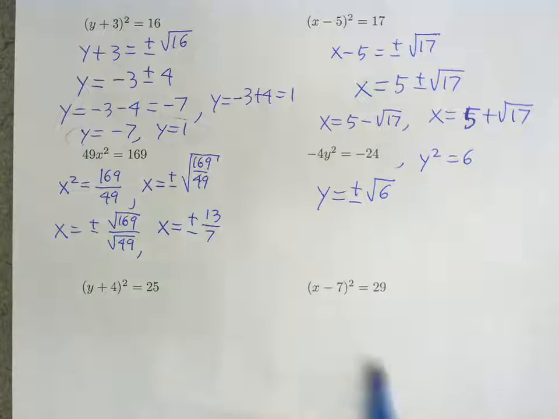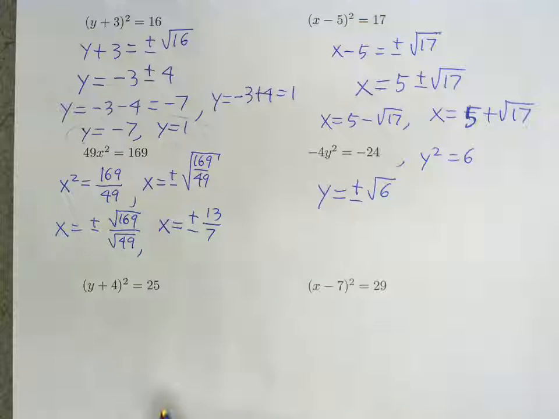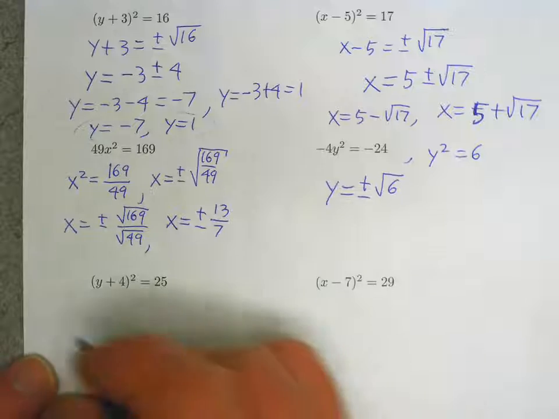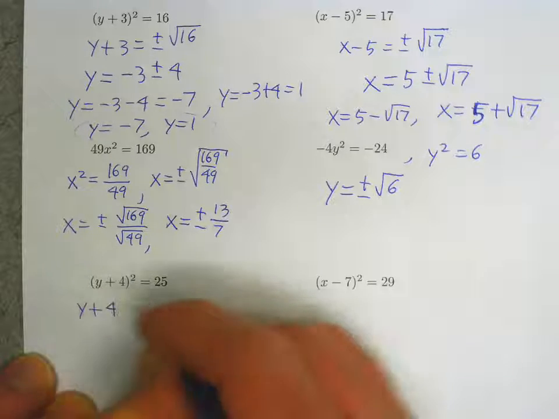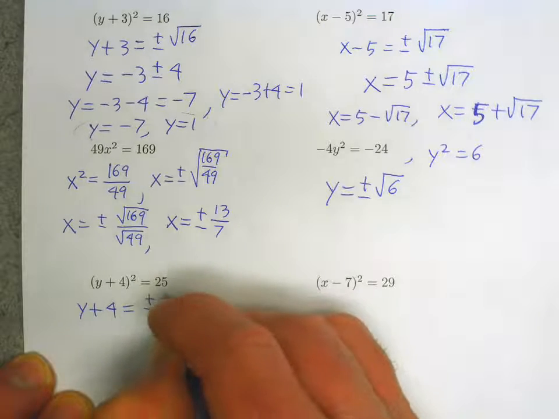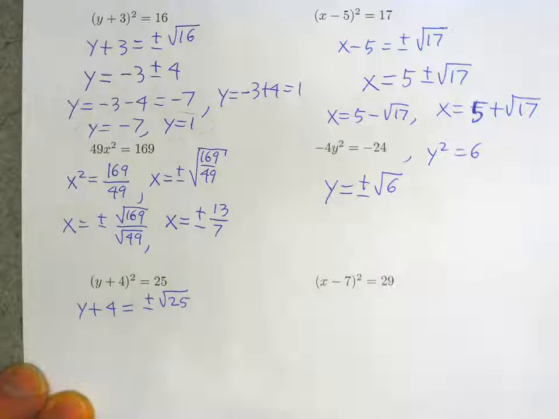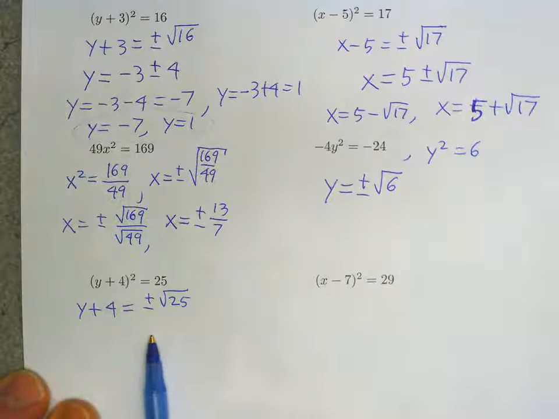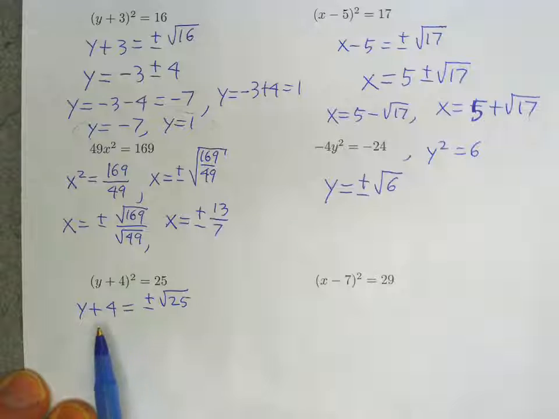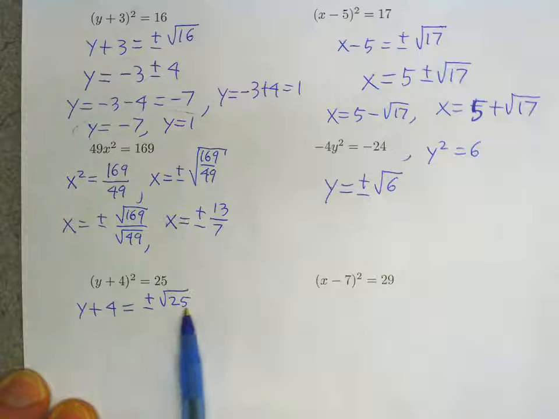Okay, the next two examples are like a couple of the examples we've already seen. We have the binomial y plus 4 squared equals 25. Apply the square root property, so we get y plus 4 equals positive and negative square root of 25. So in the next step, I'll do two things at once. I'll subtract 4 from both sides and also simplify the square root of 25.